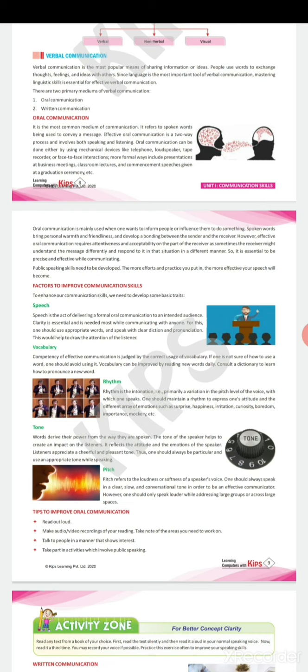Now next skill is vocabulary. So vocabulary is very important, that you should know new words along with their meanings. It is not enough that you know a new word and you use it just anywhere without judging whether it should be placed there or not.